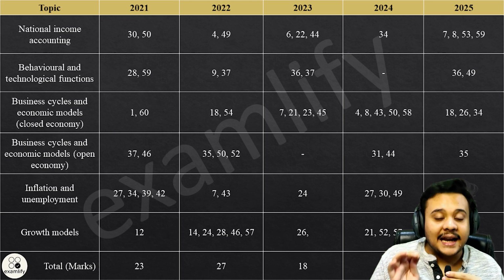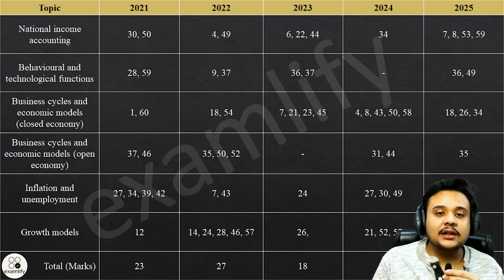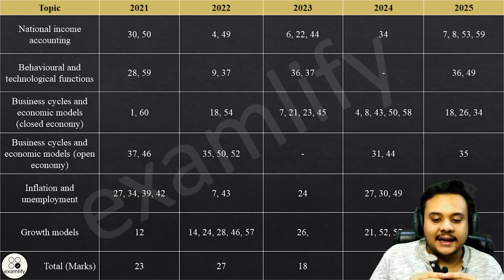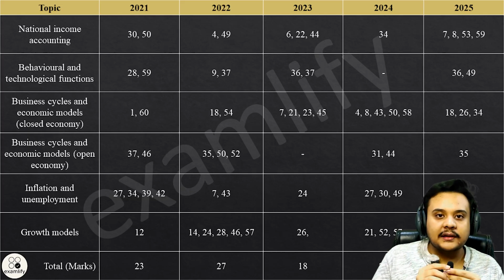You have to analyze and understand the topics that are repeating the highest number of times. Those are the topics that you have to revise again and again. And if you see a topic, not the entire topic, like let's say that you have growth models, right?